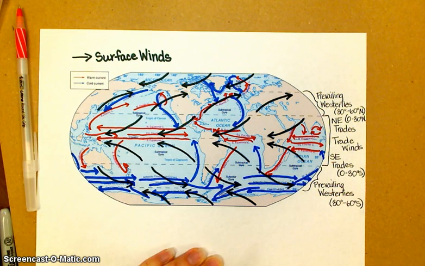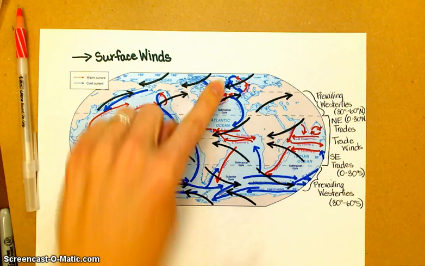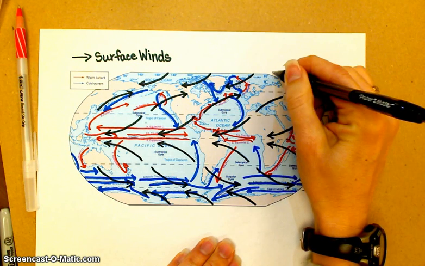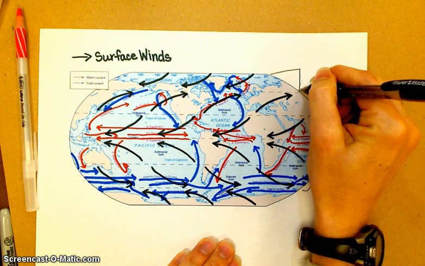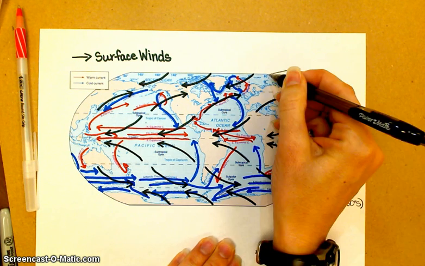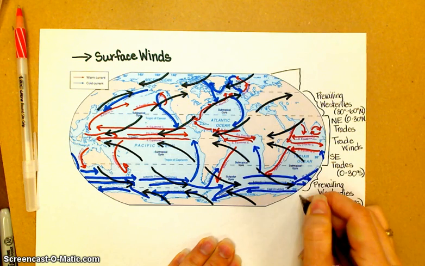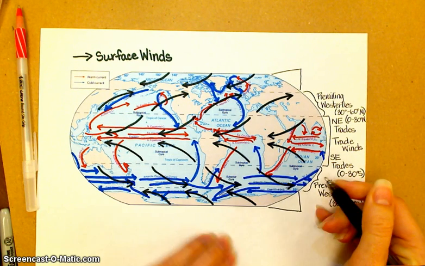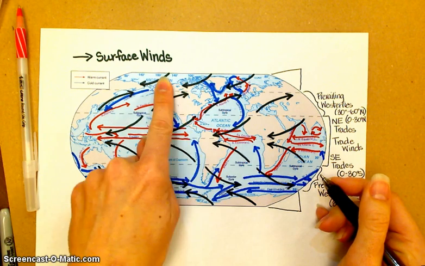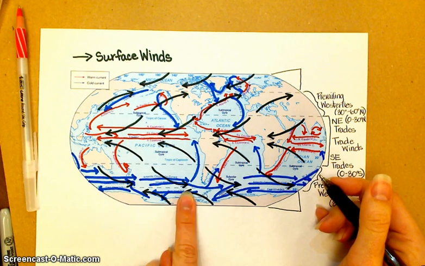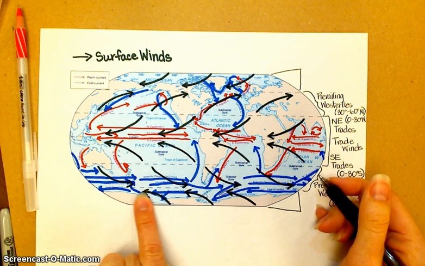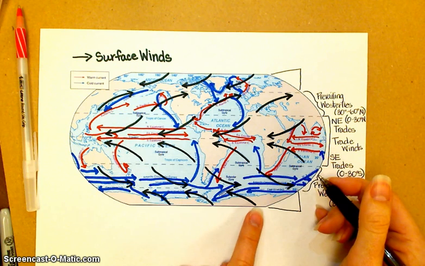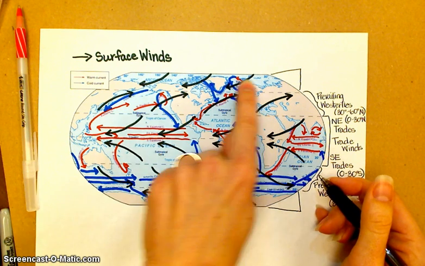Then we've got one last section for each hemisphere: what we've got going on between 60 degrees and the North Pole, and between 60 degrees and the South Pole. These arrows don't go perfectly east to west, but in general, these polar winds blow from east to west in both cases.